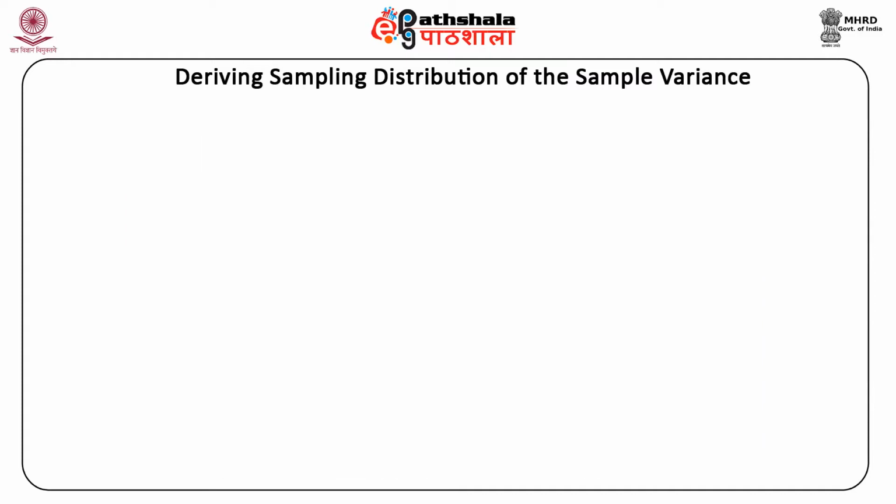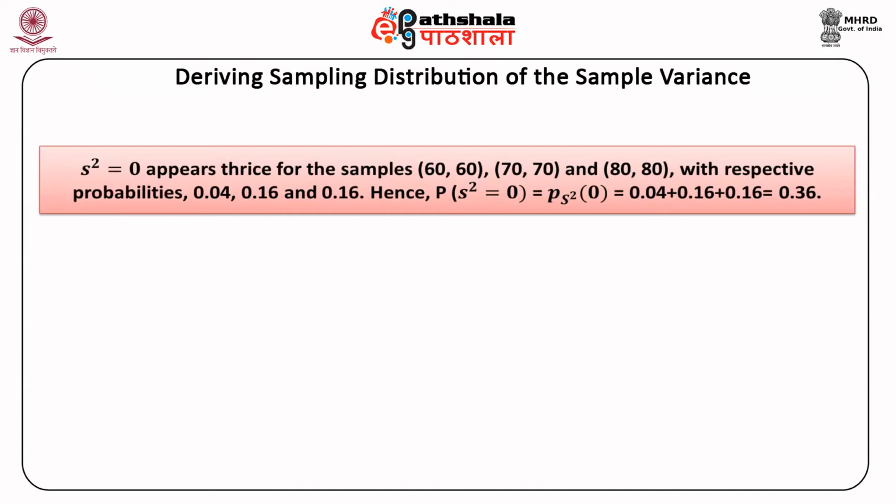In order to derive the sampling distribution of sample variance, we proceed as follows. From the previous table, we can see the value S square equal to 0 appears thrice for the samples 60, 60, 70, 70 and 80, 80 with their respective probabilities 0.04, 0.16 and 0.16.